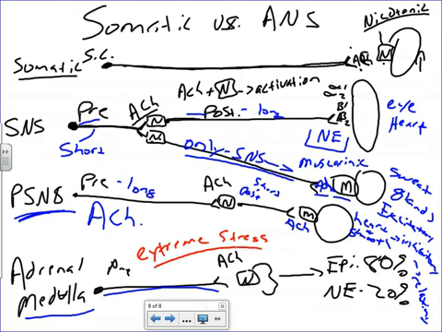When we're in a heightened state, the sympathetic nervous system is going to release acetylcholine within the adrenal medulla, and that's going to automatically stimulate the release of epinephrine and norepinephrine, both catecholamines, or what we call adrenaline. Adrenaline is essentially just going to heighten the effects of regular sympathetic activity.